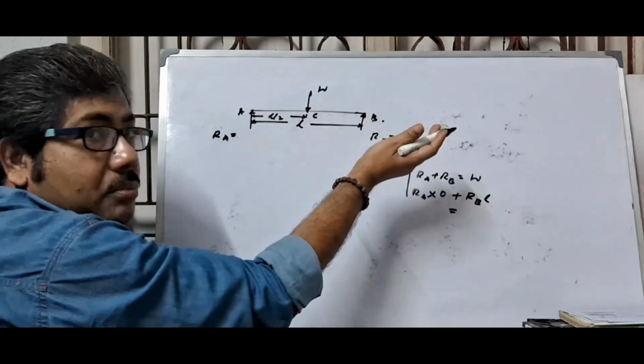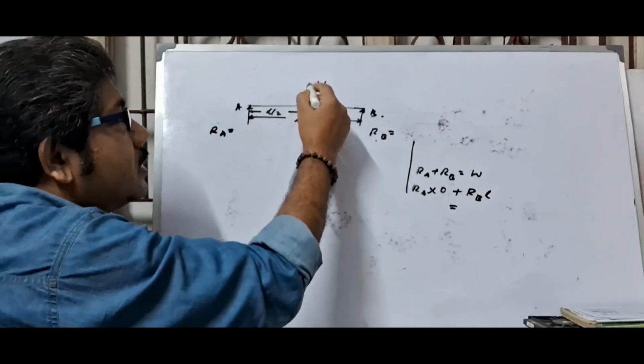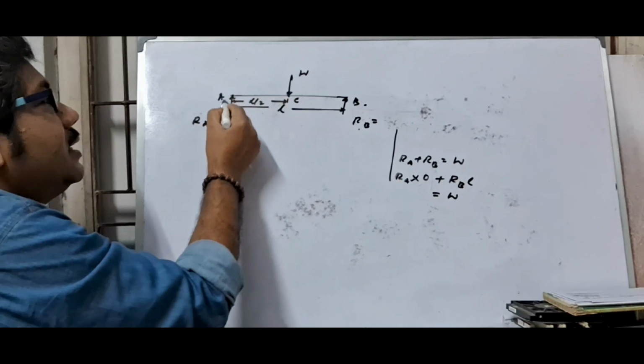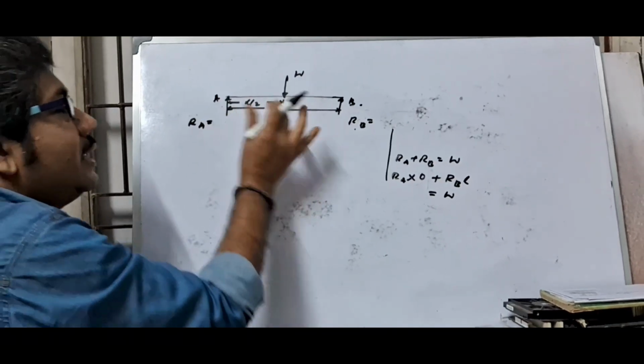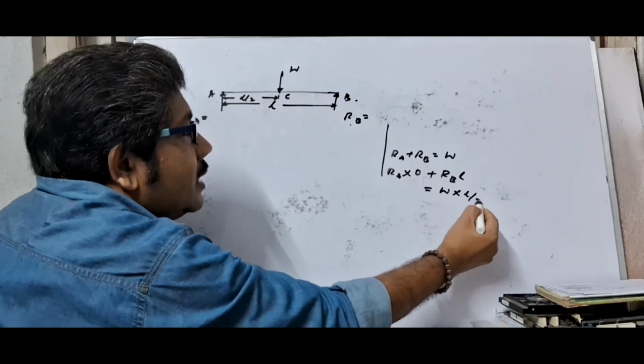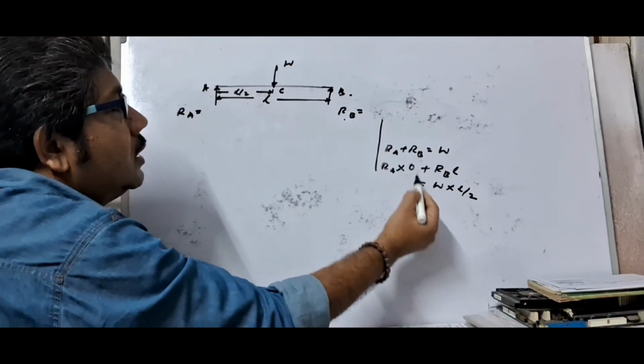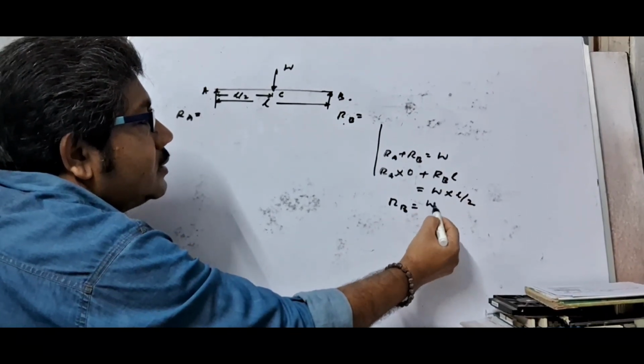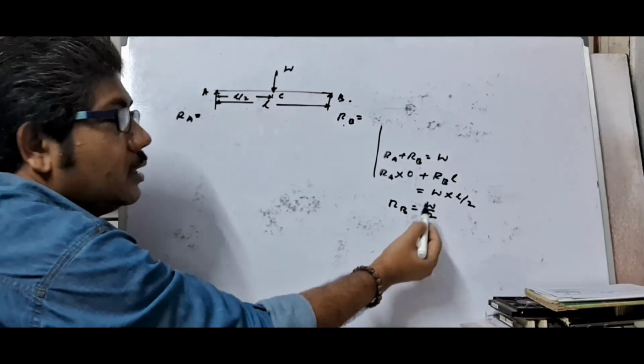This is the upward moment equal to the downward moment. The downward force is W at point C, and taking moment at point A, the length is L by 2. So here RB equals, L and L cancel, W by 2.